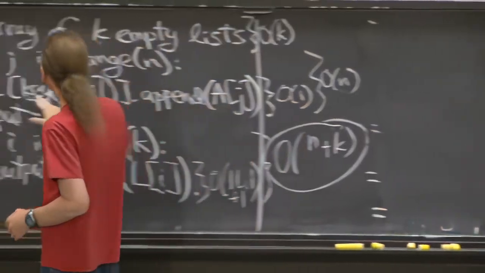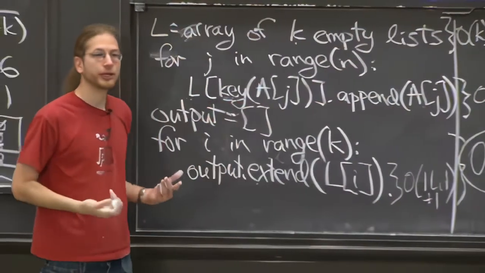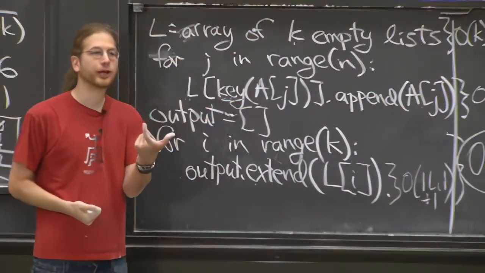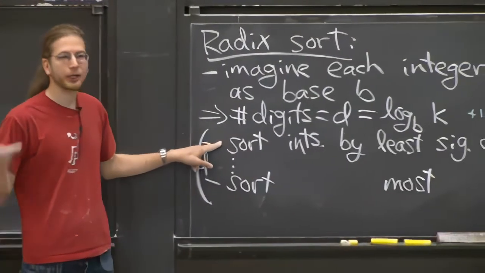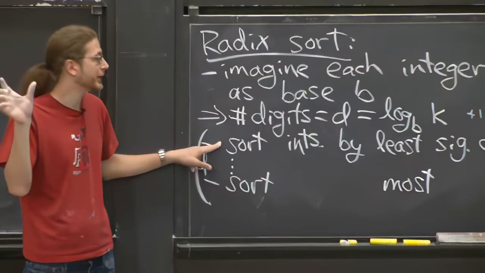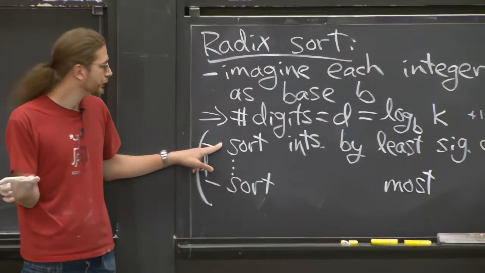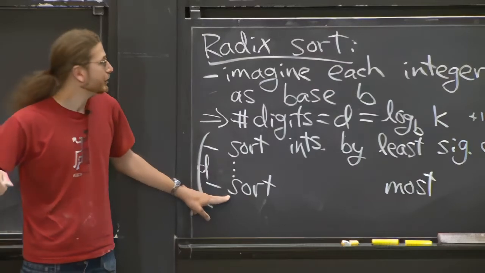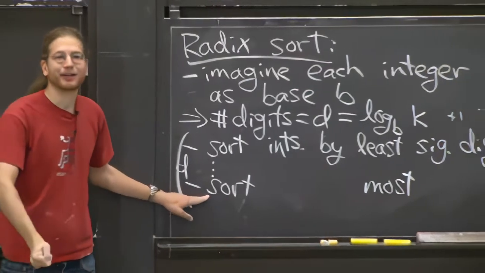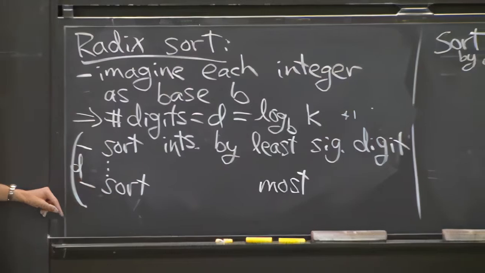When we say key of one of our integers, what we do is compute the digit we care about. If we're in this step, the key function will compute the least significant digit, which is like taking it mod b. To compute the most significant digit is like dividing by b to the power d minus 1 or so.